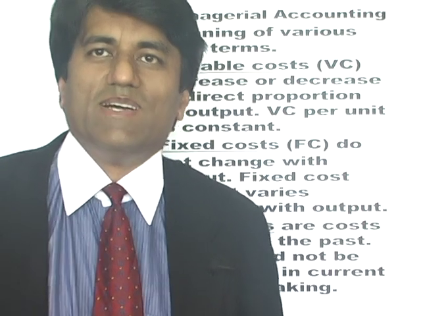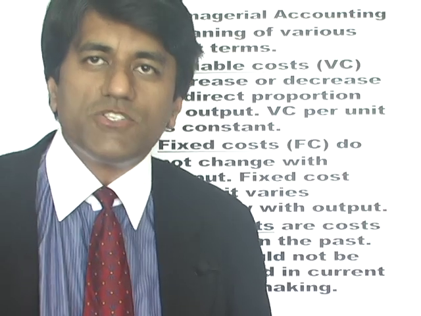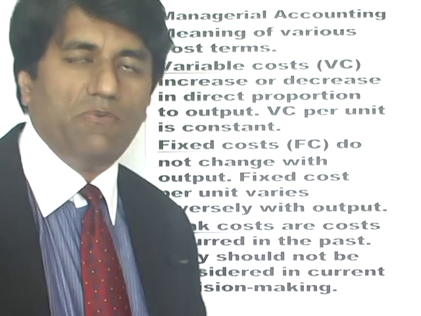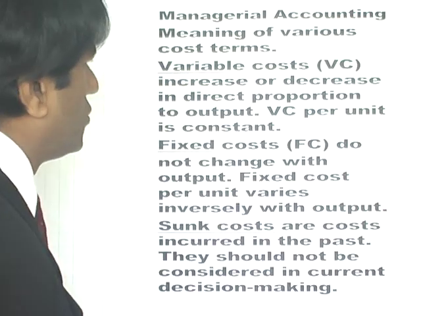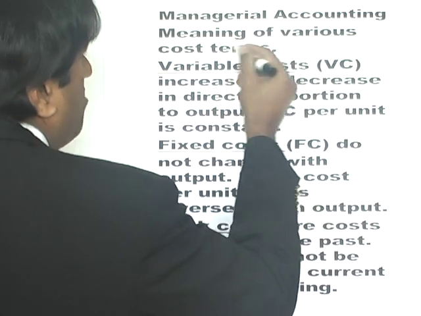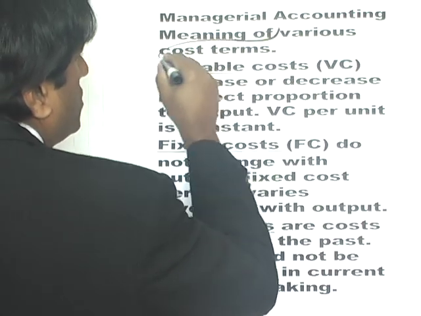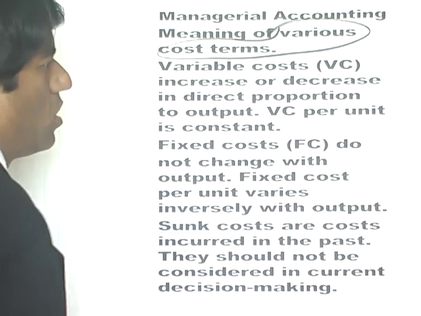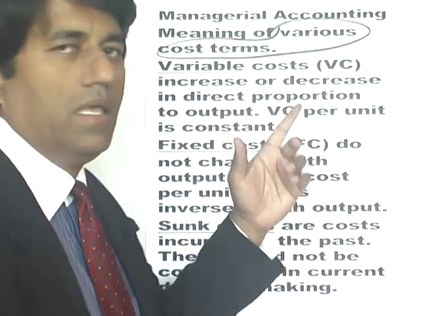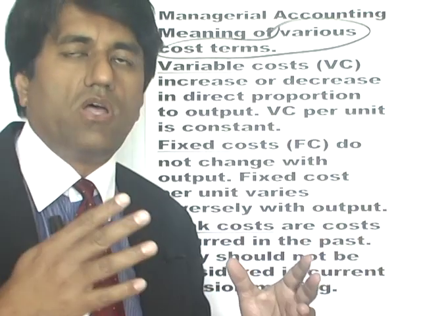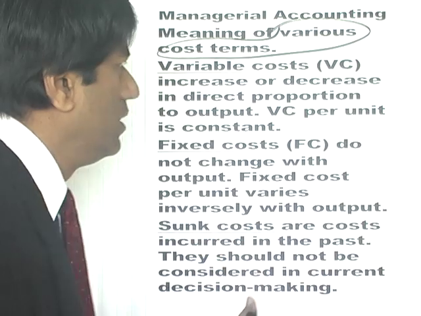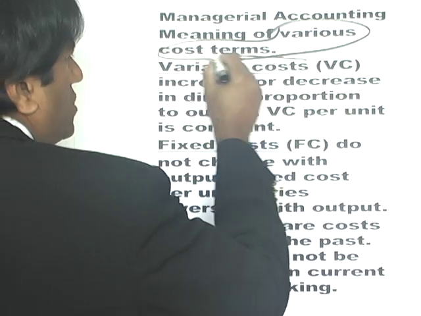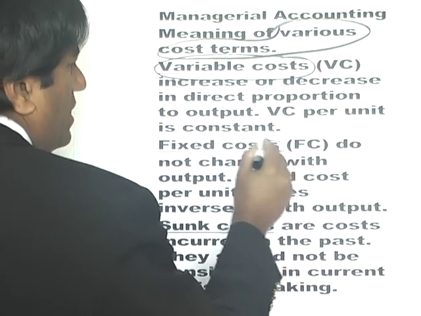We now come to the managerial accounting part of the course, and we start by looking at costs. Now here are the meanings of various cost terms. The first distinction of costs, and a very important one, is between variable costs and fixed costs.